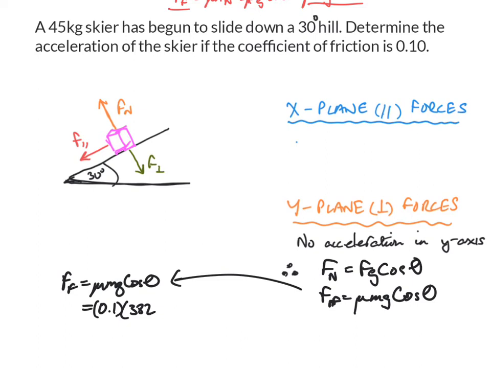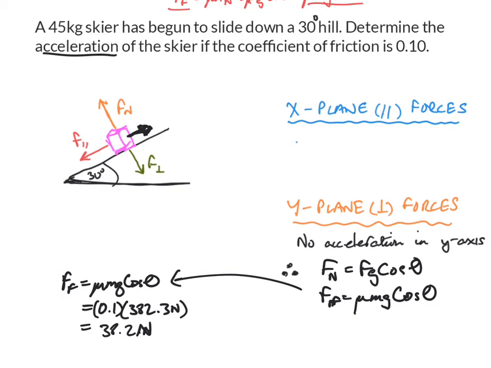And the Fn value is just simply mg cos of 30, which is 382.3 newtons. And so our Ff value is 38.2 newtons. And that's actually opposite the motion. So this is our Ff here, our force of friction. So if we want to find what the acceleration of the skier is, we're going to need more than that.